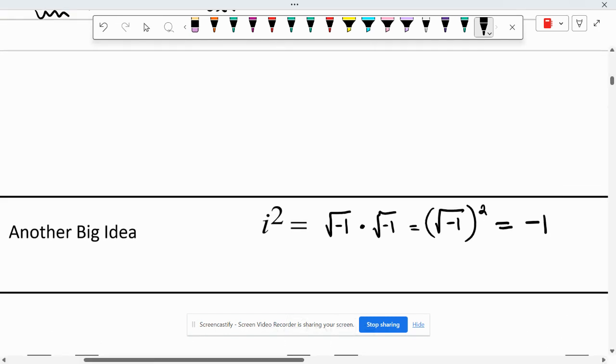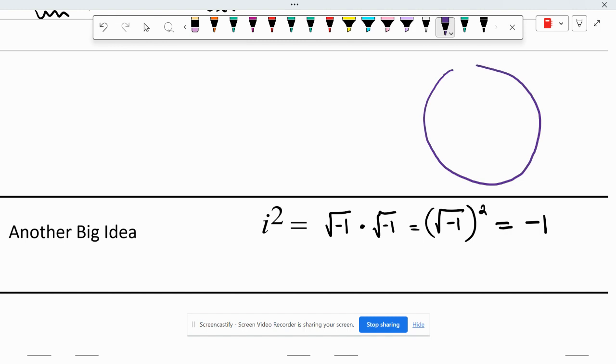And I actually drew a circle for you guys on Friday. So I'm going to try and just draw this little sketch up here of what I had on the board. This is i to the first power. This is i to the second power. This is i to the third power. And this is i to the fourth power.